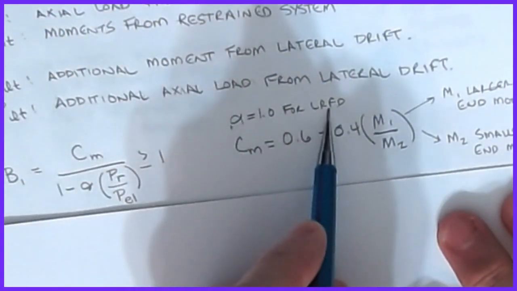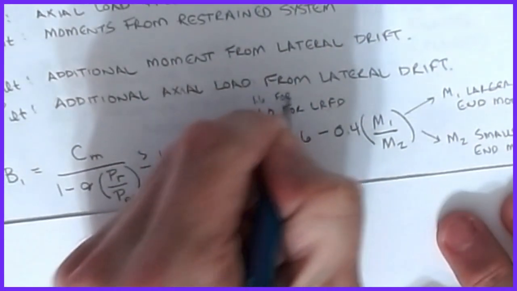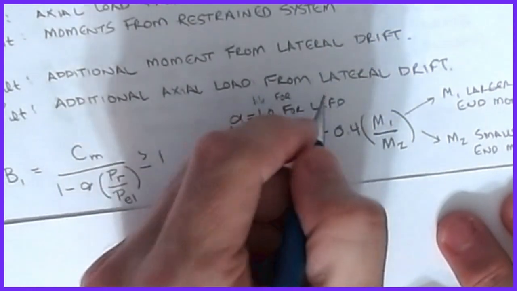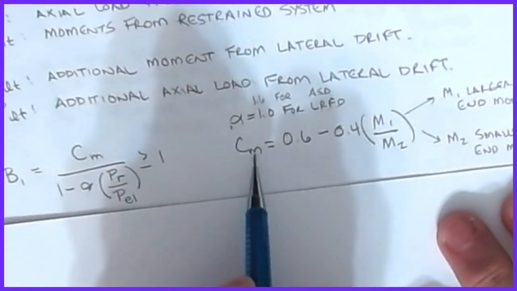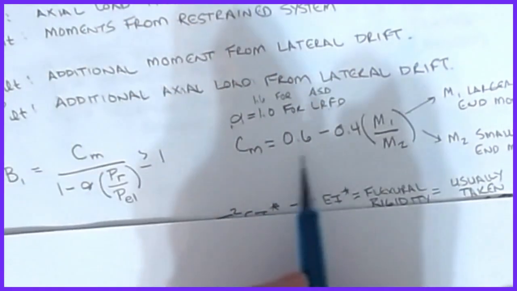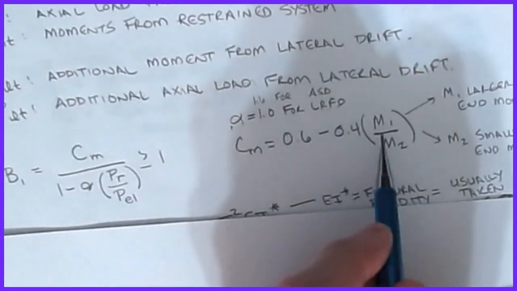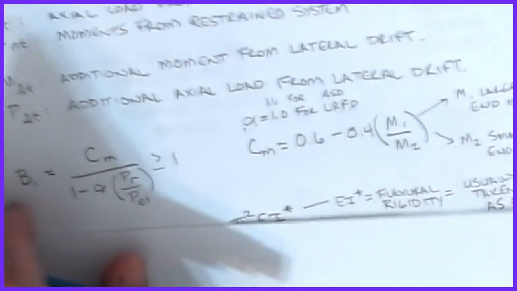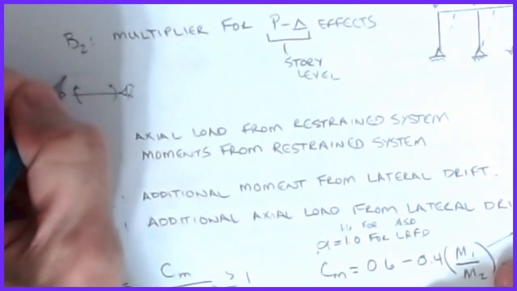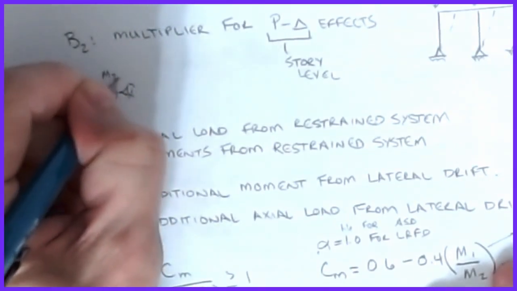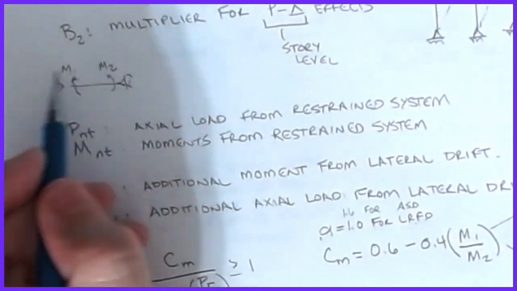It's 1.0 for LRFD. If you're using an ASD method, again, a typically different design approach than what we're using here, it's 1.6. And then the moment magnifier equation is simply this formula of 0.6 minus 0.4 over the ratio of M1 to M2. That's the end moment. So if I have an M1 and an M2 on this, M1 is the larger of the two values.